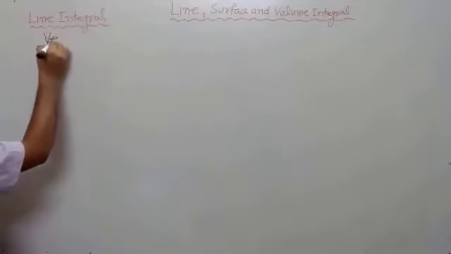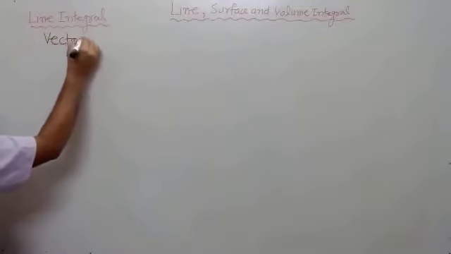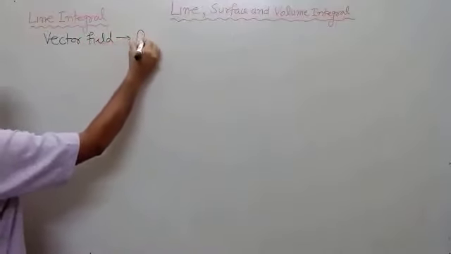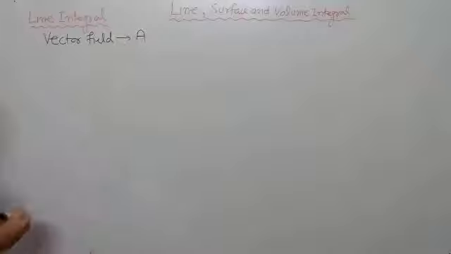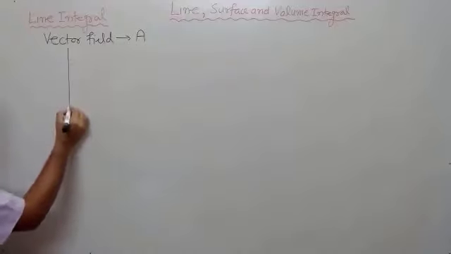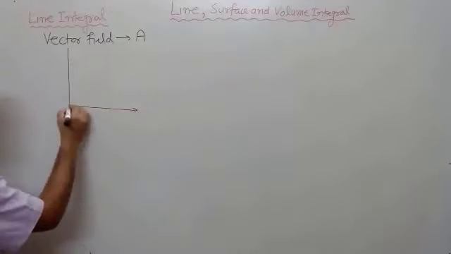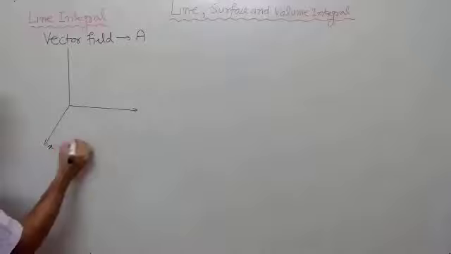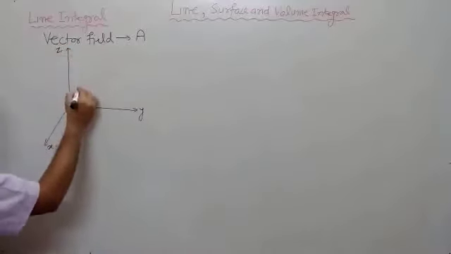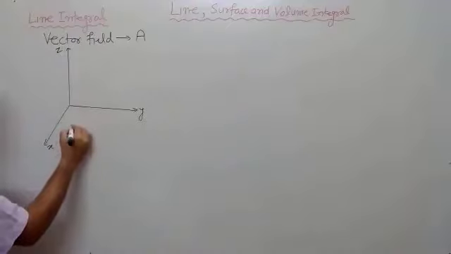So again, some vector field is given. And in this vector field, a particular path is specified. Let's say we have a point.